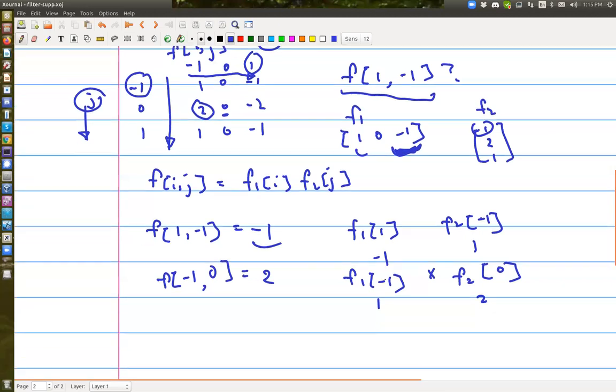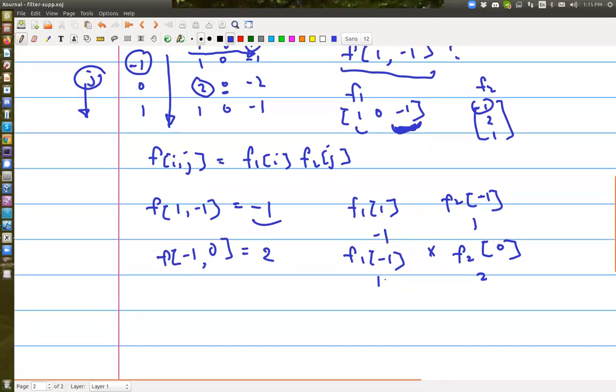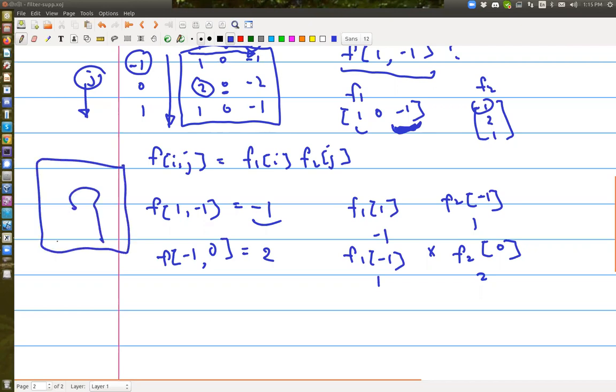Now think of what we are doing with filtering. We showed a 1D example, but in 2D, I have this patch and I'm doing a dot product with a particular patch of the image. Let's say this is an image here, and I move this around and do a dot product. To find the filter result of this particular pixel, I take the entire patch and do a dot product with this.